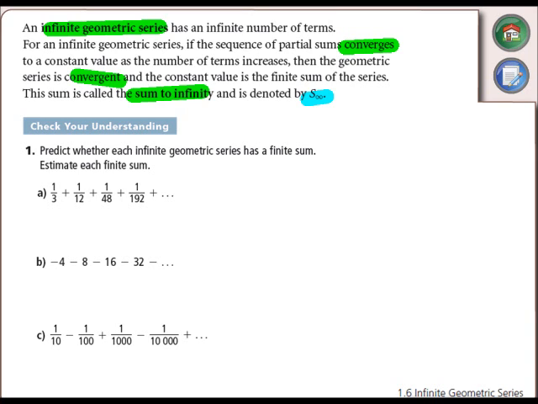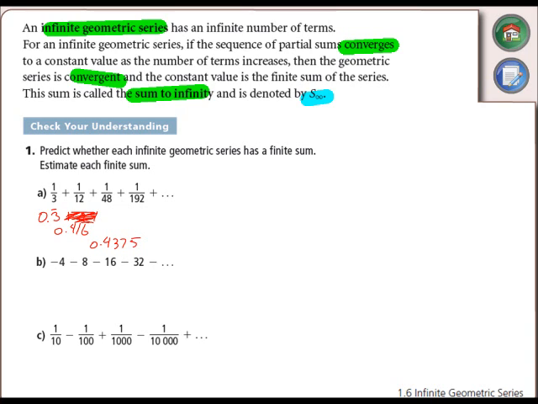All right, well, we're going to add these up. You could just punch it straight into your calculator, which would be the easiest way to do it. But this is 0.3 repeating, then 0.416 repeating after we add the 1/12, then after we add the 1/48, we're going to get 0.4375.